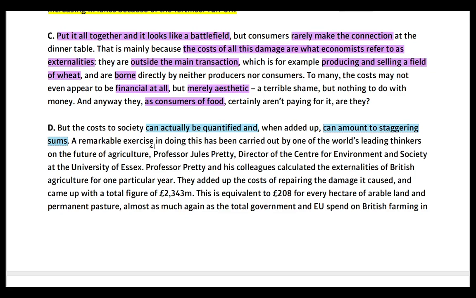A remarkable exercise in doing this, meaning putting it into practice, has been carried out by one of the world's leading thinkers on the future of agriculture, Professor Jules Pretty, director of the Centre for Environment and Society at the University of Essex.